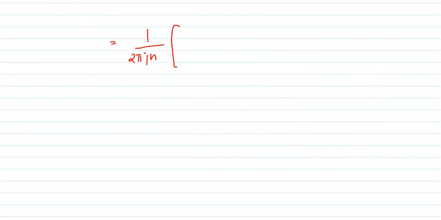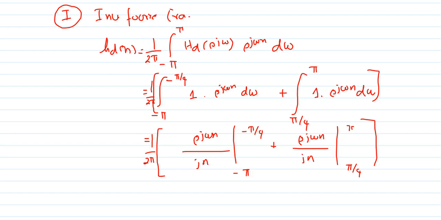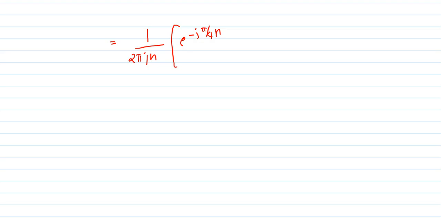If you substitute the limits, we get e power minus j pi by 4 n, minus e power minus j pi n, plus e power j pi n, minus e power j pi by 4 n.